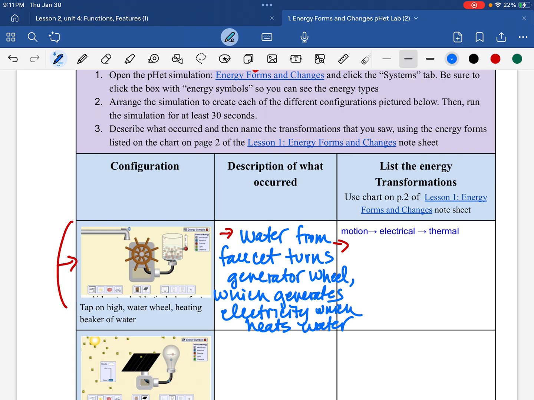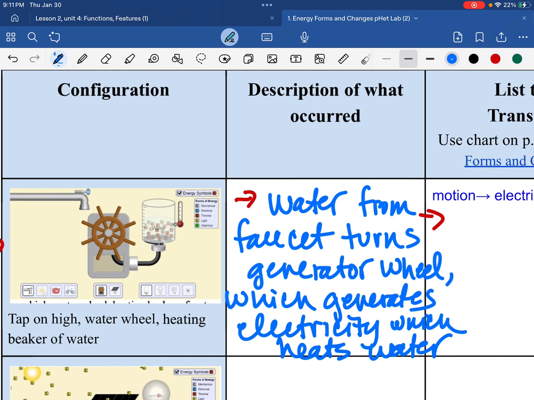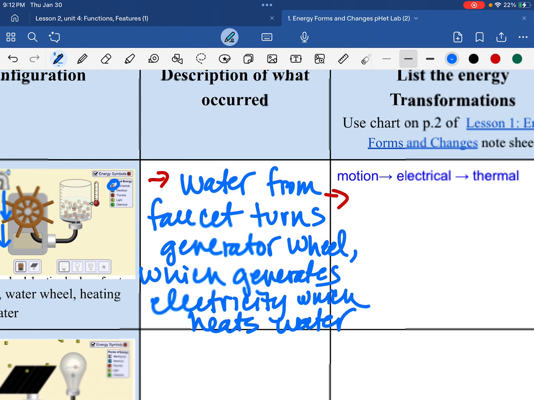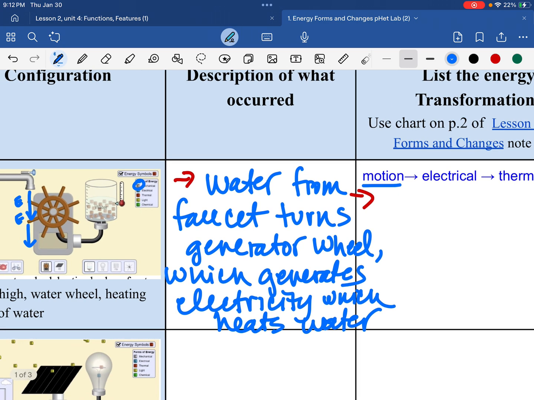So it started out when I'll zoom in here. When the water was flowing, we saw those little gray E's for mechanical energy, right? Mechanical or sometimes motion. So you can list either motion or mechanical. That was transformed. The wheel, it moved the wheel, so that was still mechanical or motion energy.